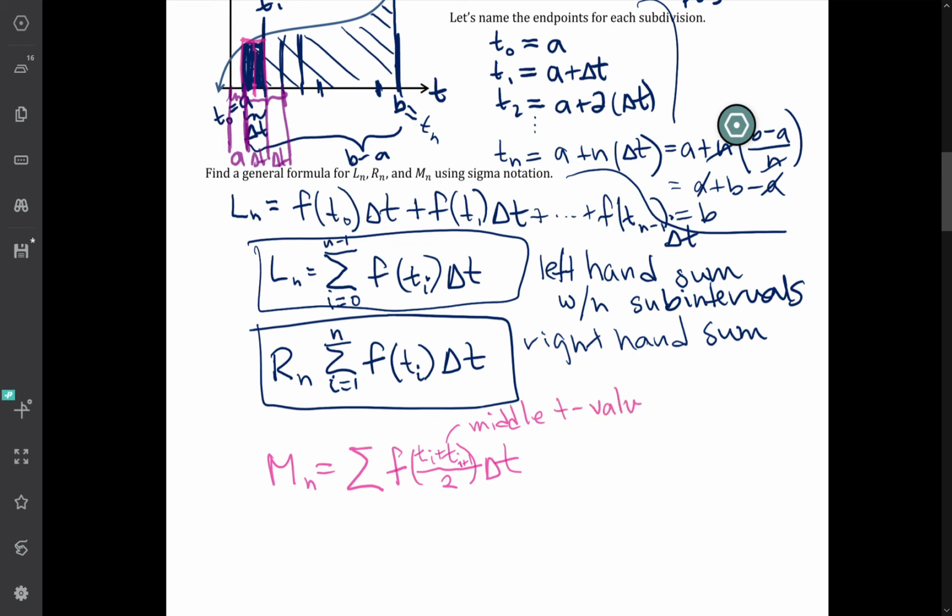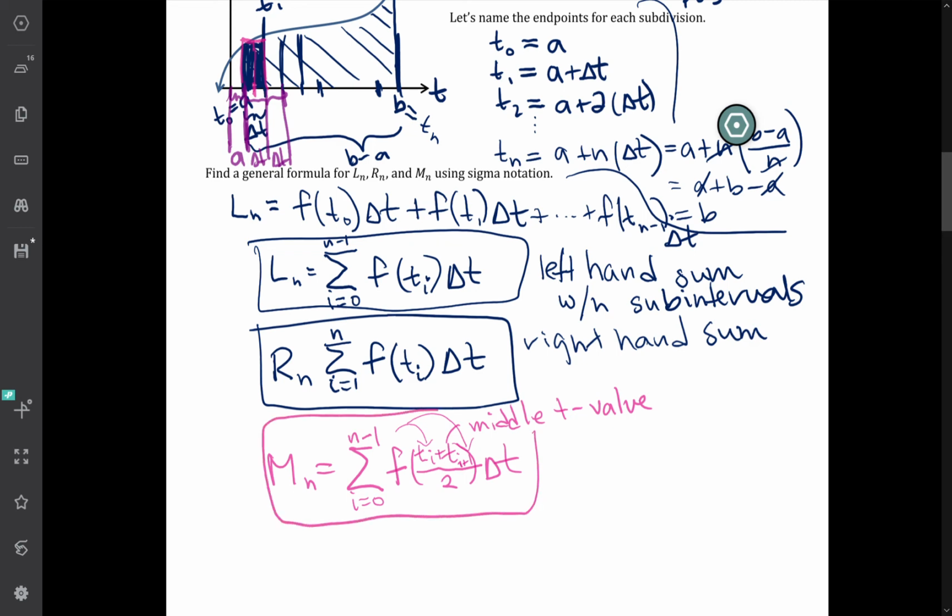So average the two t values on your current rectangle, plug that into your function to get the height, and then multiply by the width and add them all up. So here we want to start at i equals 0, so that on the first interval we're taking t sub 0, t sub 1, and averaging, and using that to get the height. And we want to stop at n minus 1, because then we'll be taking t sub n minus 1 plus t sub n divided by 2. So this is a midpoint rule.